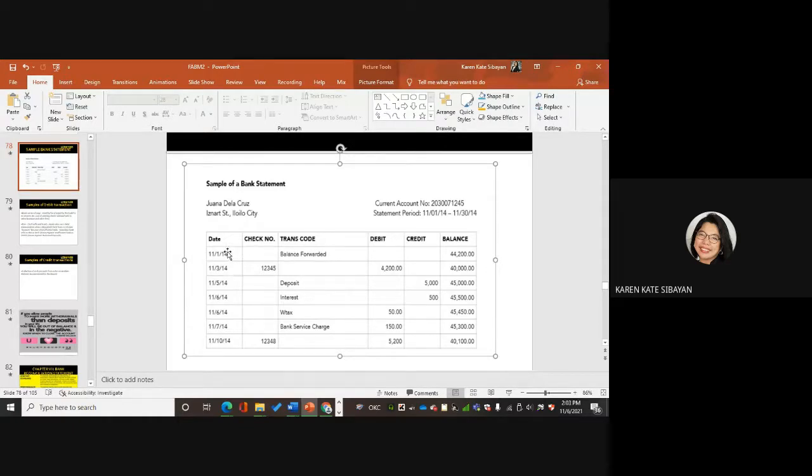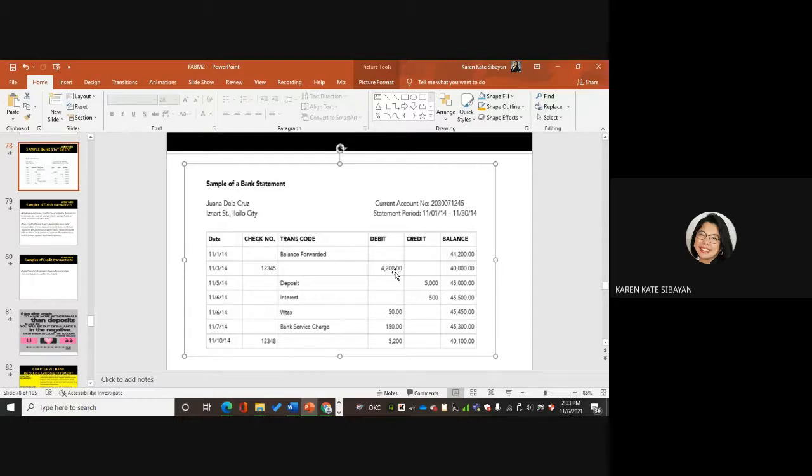For example na lang, if you're going to analyze this one class, it only means that during November 1, ang total cash in bank balance niya is 44,200 pesos. Okay? Now, nag-deposit siya through check with a check number 12345 worth 4,200.